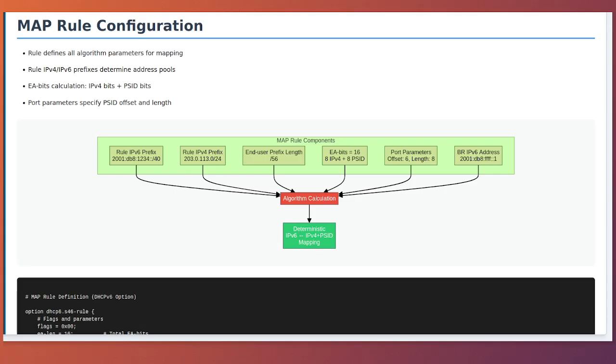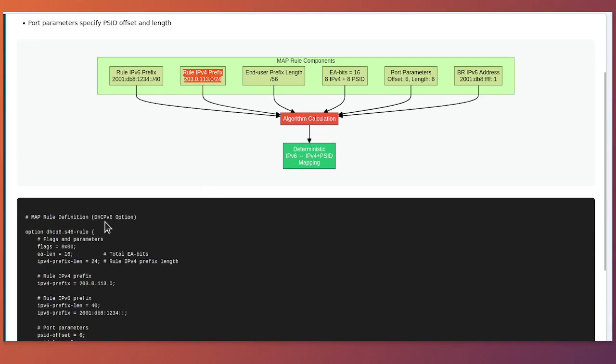port combinations. The first key parameter is the rule IPv4 prefix, which specifies the pool of IPv4 addresses that will be shared using this MAP rule. For example, an ISP might specify 203.0.113.0/24, indicating that all 256 addresses in this range are available for MAP assignment.